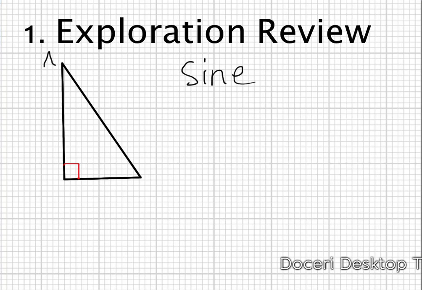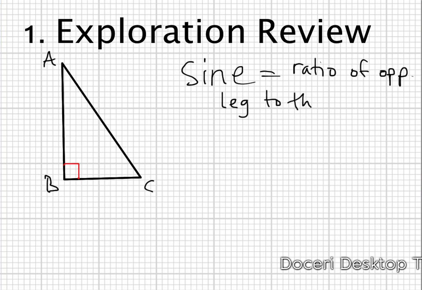So again, we still have the same triangle with angles A, B, and C. Sine, however, is the ratio of the opposite leg to the hypotenuse. It's the ratio of the opposite leg to the hypotenuse.